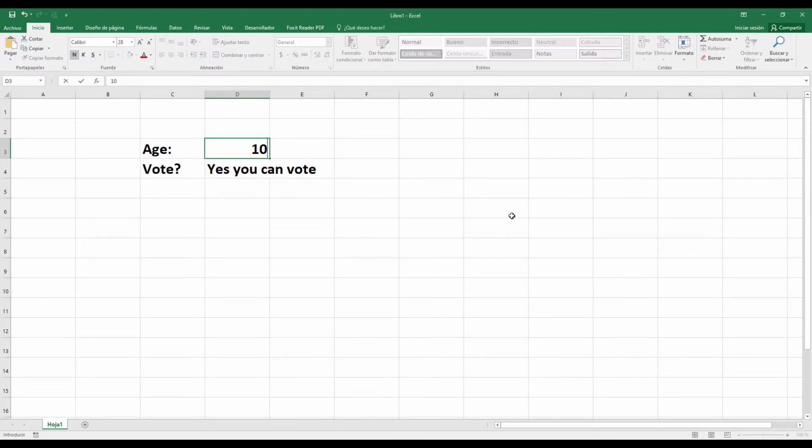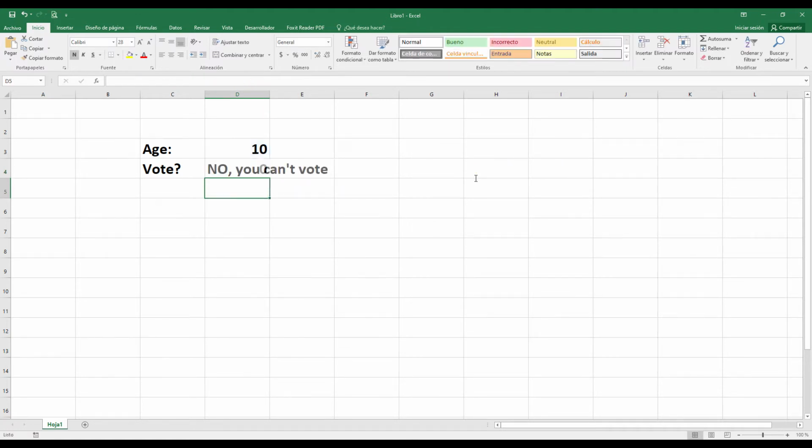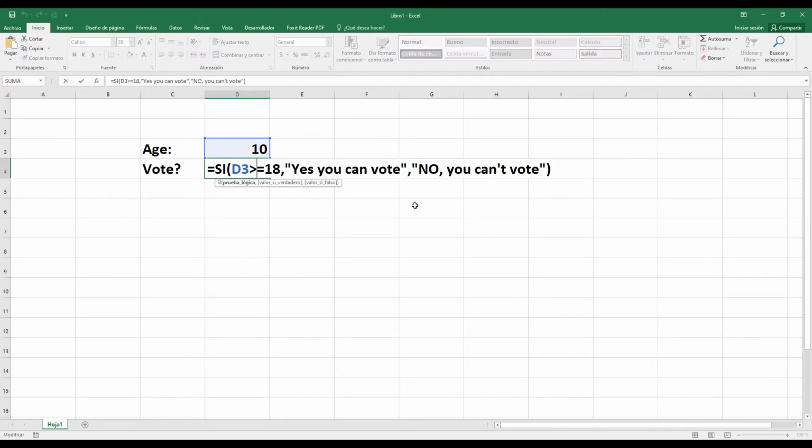You can change that message like no, you can't vote, something like that.